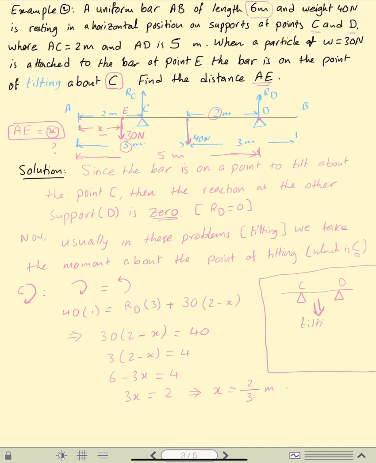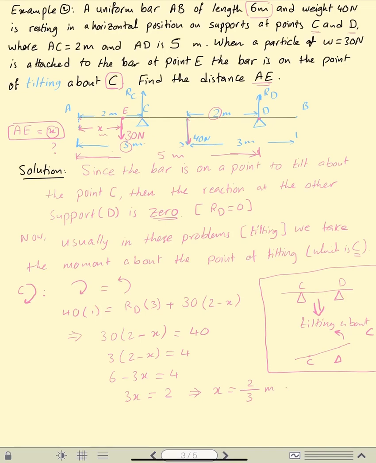This is the tilting about C. This is what will happen. Look, C is almost here, and D was here. This is what is meant by tilting.